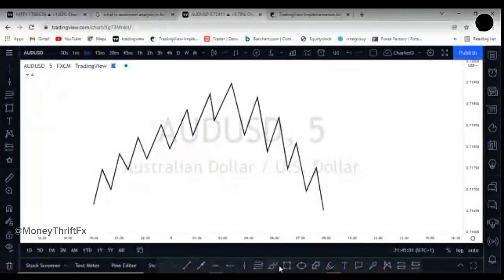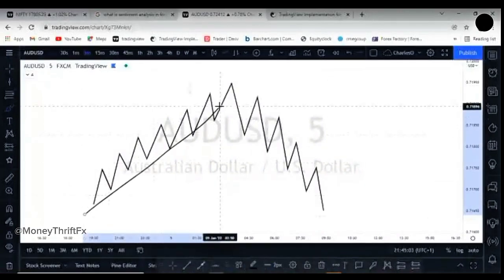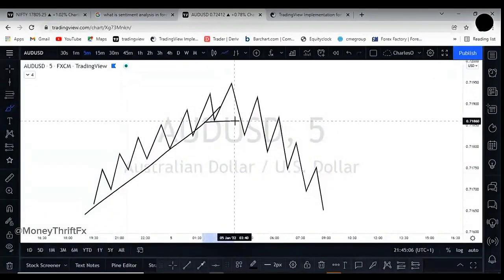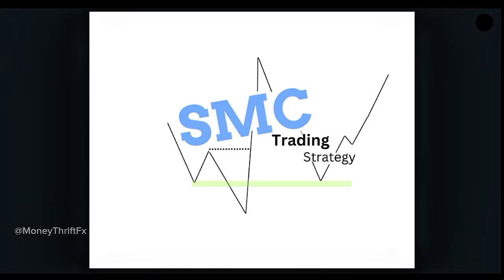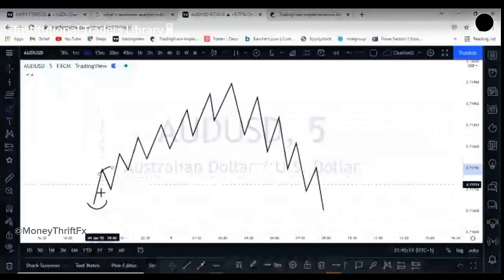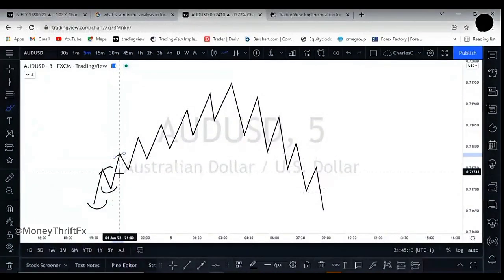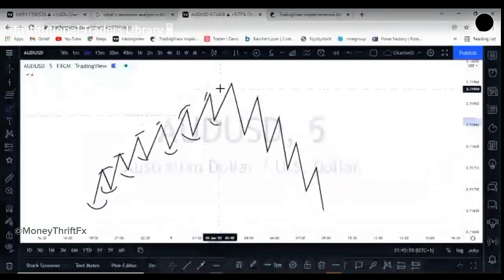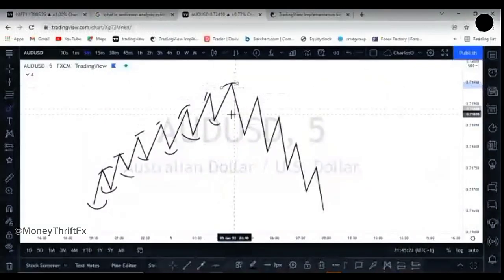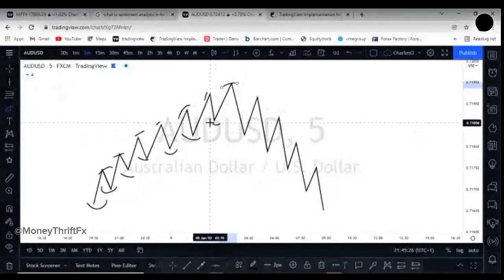Initially, price was buying, right? It broke this particular point, because this is the structure of the market after forming low, high, higher low, higher high, higher low, higher high, and then from the higher high, the thing is supposed to be a higher low. But price now came and closed to the previous low.